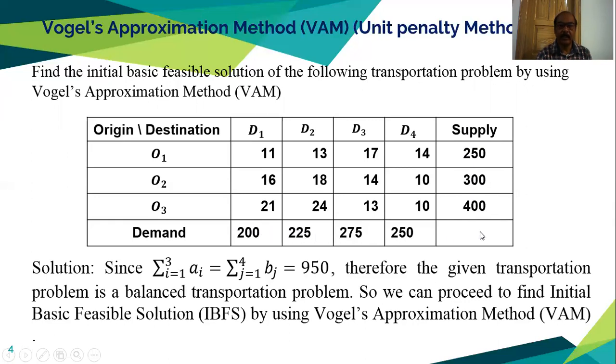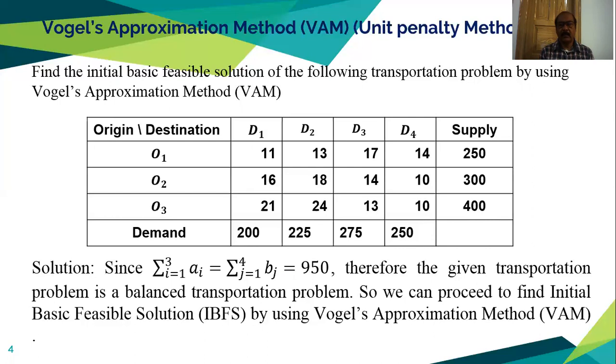So you can write summation i equals 1 to 3 of a_i is equal to summation j equals 1 to 4 of b_j is equal to 950. So this is our balanced transportation problem. Since it is balanced, we can proceed to find the initial basic feasible solution by using Vogel's approximation method.